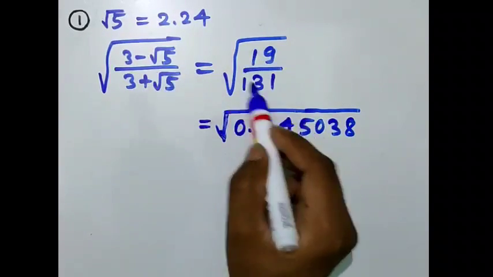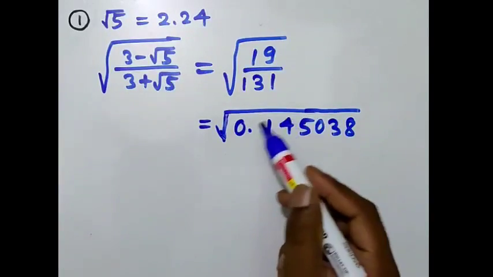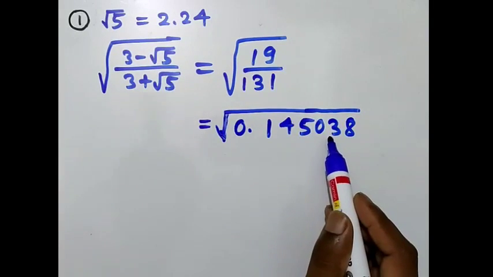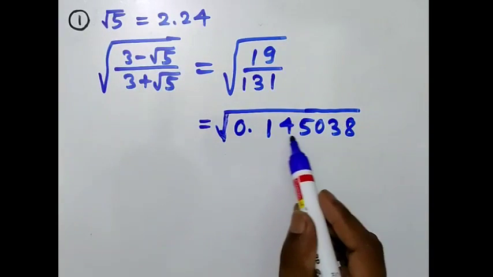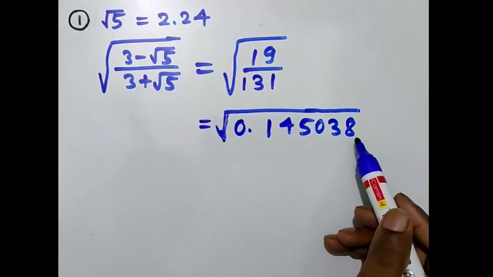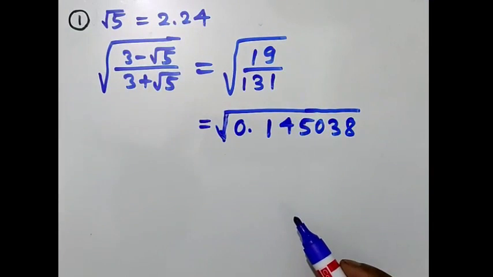So I have simplified it into 19 by 131. After dividing, it results in a decimal number. So finding the square root of the decimal number to 2 decimal places, we need 3 pairs. That is the reason why we have found 6 decimal places after dividing 19 by 131.